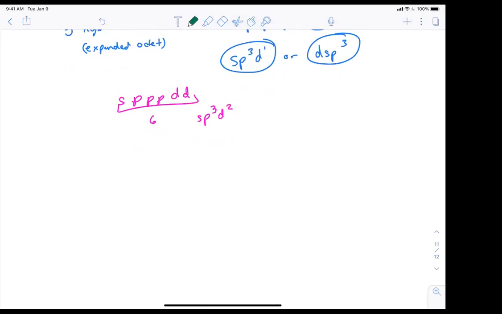It turns out that hybrid orbitals are essentially the equivalent of electron domains. So you can tie the number of hybrid orbitals to the electron domains.